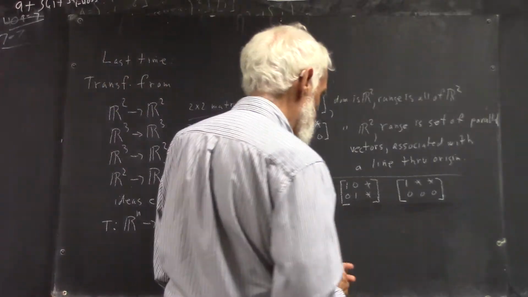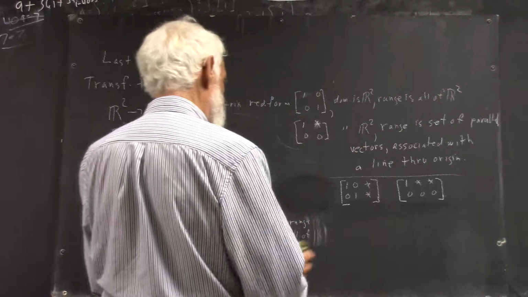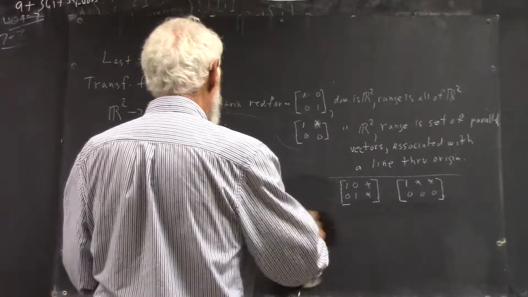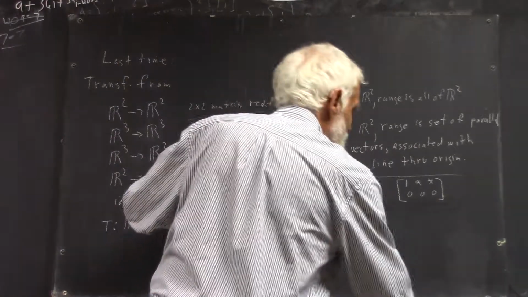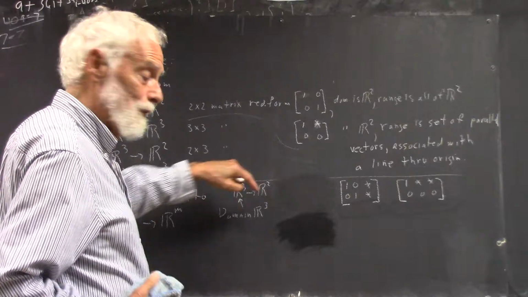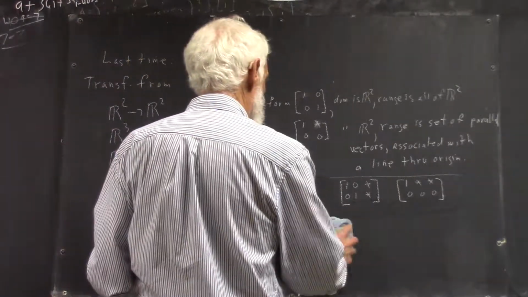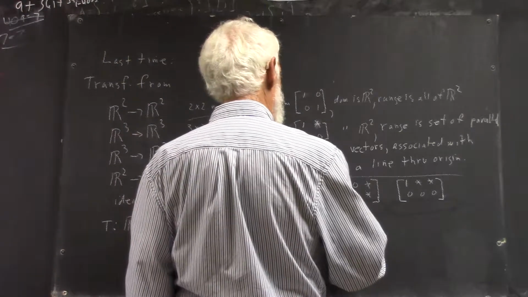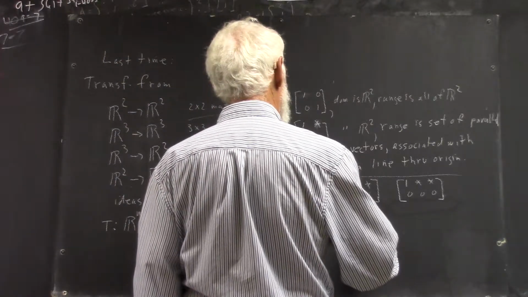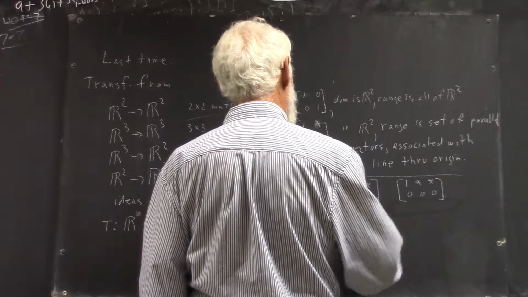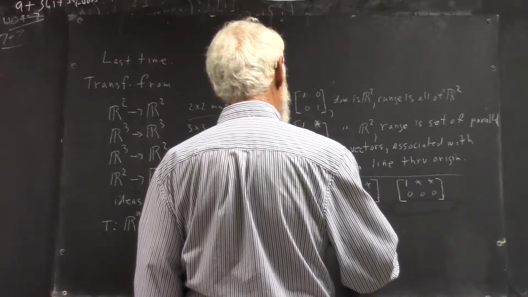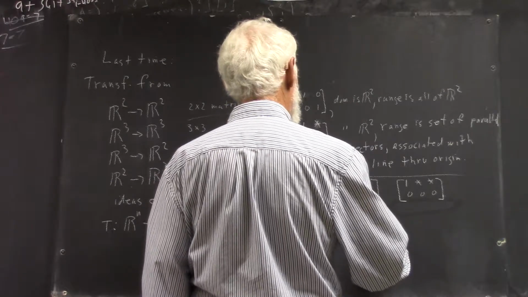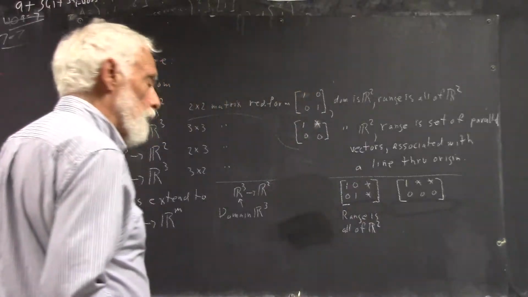So we don't have the range as all of R3 because the codomain, the second space, is just R2. Range is all of R2.